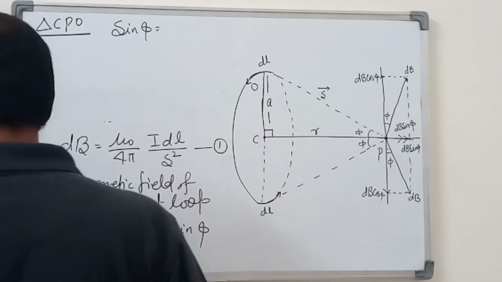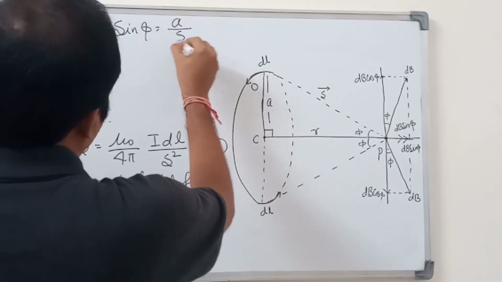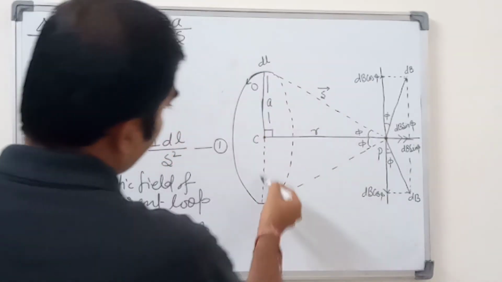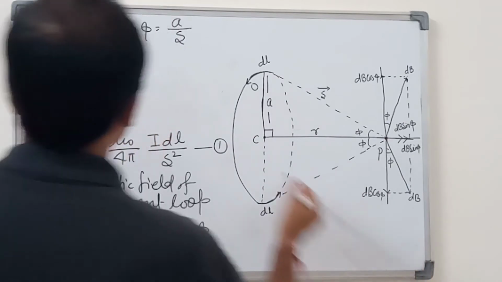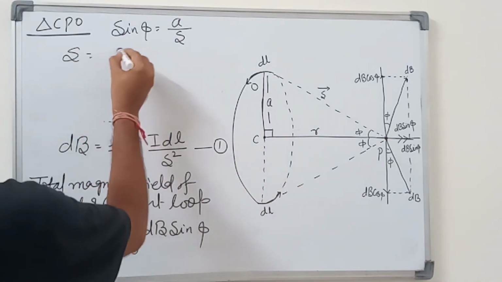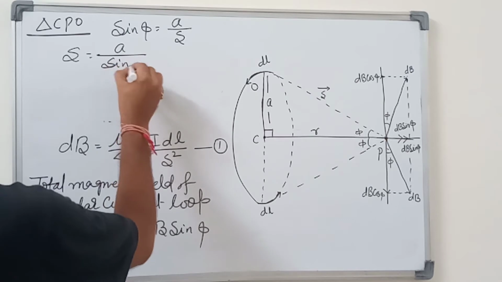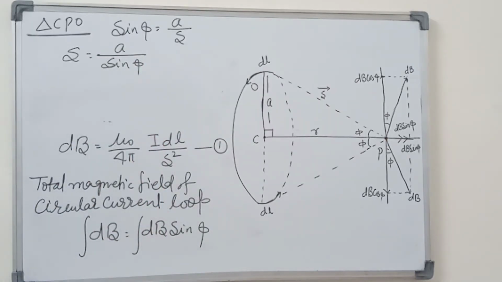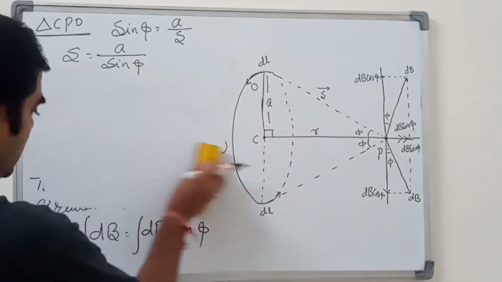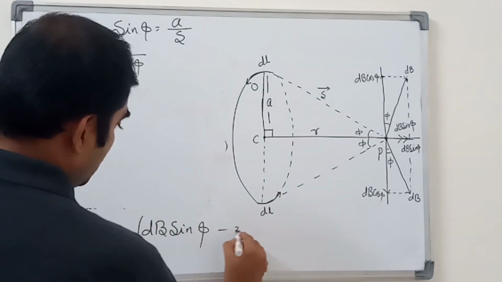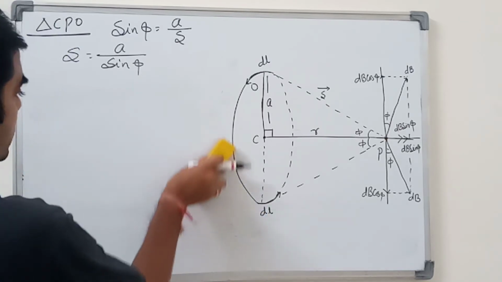Perpendicular upon hypotenuse, so a upon s. a is the perpendicular and s is the hypotenuse. So sin phi is equal to a upon s. Write down the value of sin phi. Now put the value in equation 2.